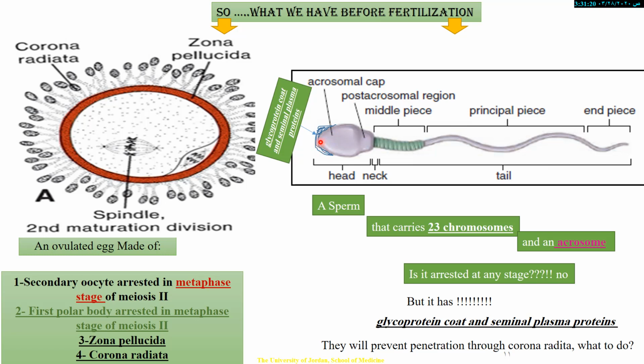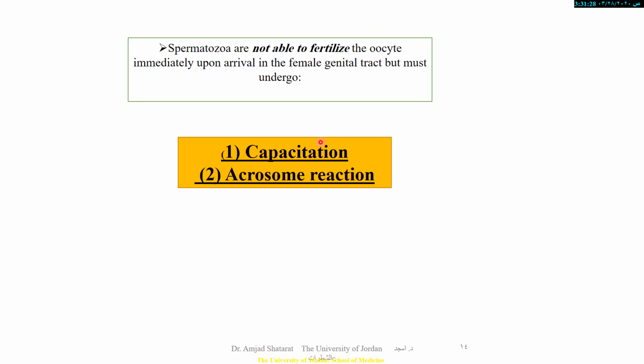The female reproductive system, the uterus and the uterine tube, will remove it, and this process we call capacitation. So what is capacitation? It is removal of this cap from the head of the sperm. Where does it occur? It occurs in the female reproductive system.